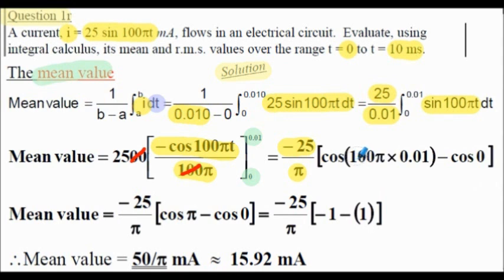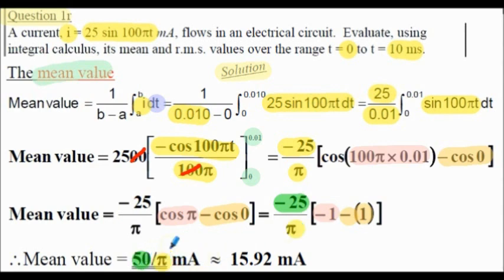Now evaluating 100 pi multiplied by 0.01 becomes cos of pi, and we subtract from that the cos of 0 for the lower limit. Referring to the cosine waveform, cos of pi is -1, cos of 0 is +1, and as we're subtracting the values, the bracket becomes -2. Multiply that by -25, we end up with +50, still divided by the pi, of course.